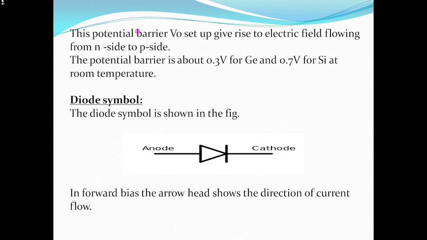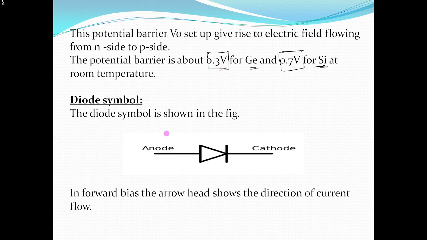This contact potential for germanium is 0.3 volts, and for silicon it is 0.7 volts. So this is about PN junction formation, formation of the depletion layer, and junction potential or contact potential.